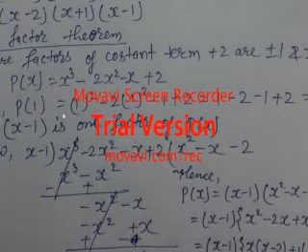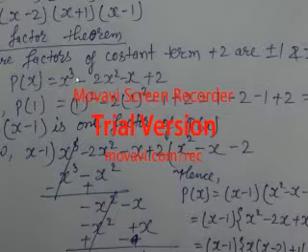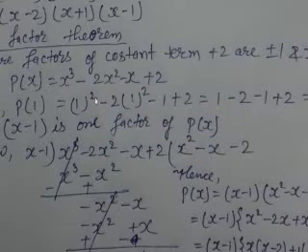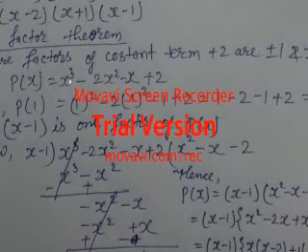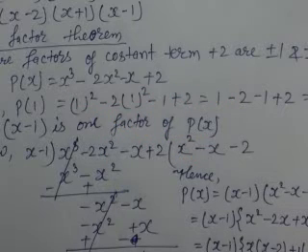So I had written P(1) is equal to 1 cube minus 2 into 1 square minus 1 plus 2. Everywhere in place of x we are keeping 1 only. Then it becomes 1 minus 2 minus 1 plus 2, so minus and plus get cancelled, and minus and plus get cancelled, so 0 is there.